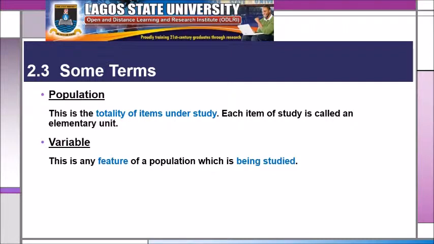Now, in this case, family size will be a variable under the study. The population is family within a particular locality. Then a variable of study in this population is family size. There are other variables that we might be interested in.